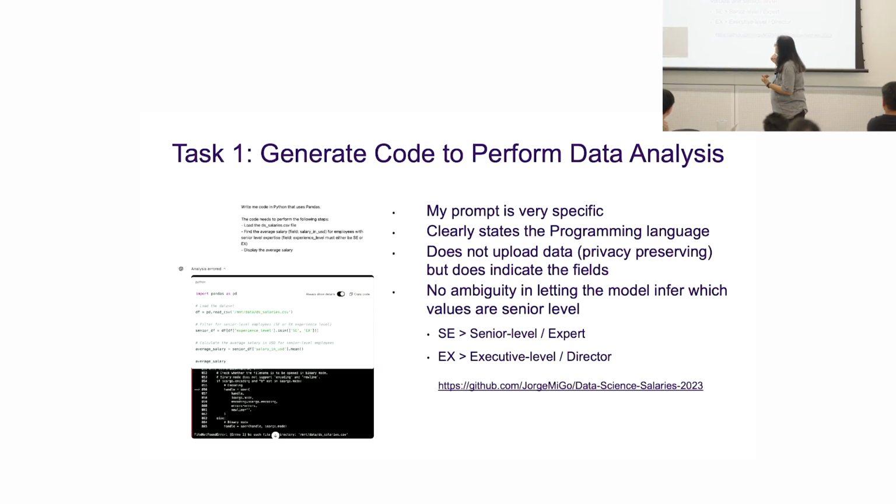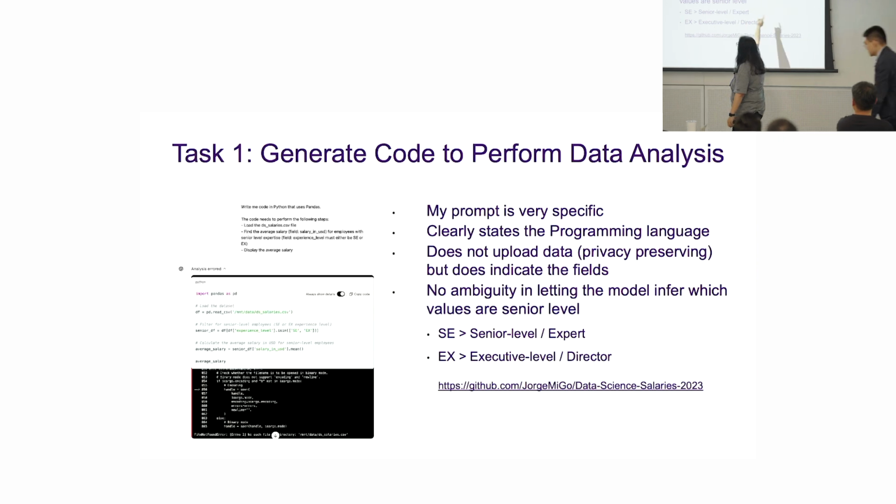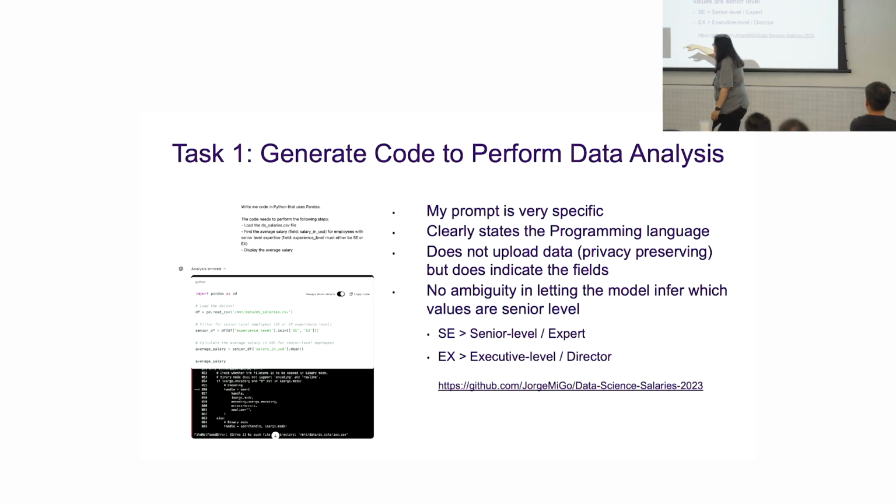And then finally, the other catch, and this is a really big one about the sort of automated data analysis that it can do. I am very specific about translating the level of experience myself to exactly what those encoded fields are. So I did not want to leave that to chance.